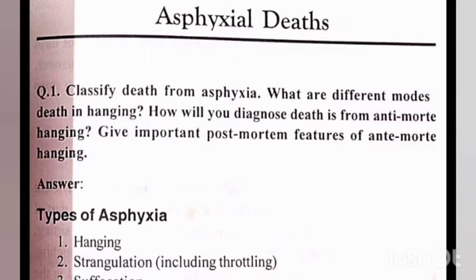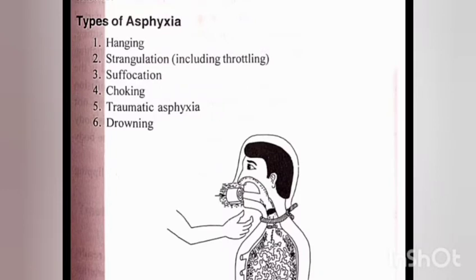The types of asphyxia are hanging, strangulation, suffocation, choking, traumatic asphyxia, and drowning. Below you can see a diagrammatic picture and understand how these happen. First, hanging: here you can see a rope surrounding the neck, that is hanging.